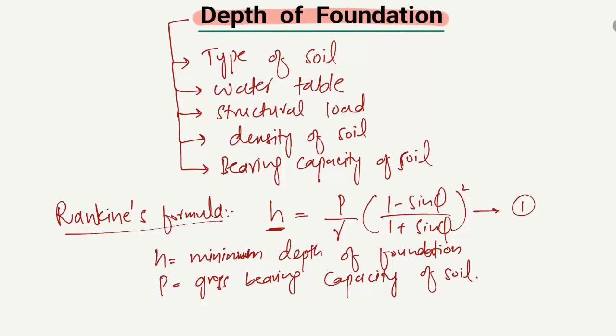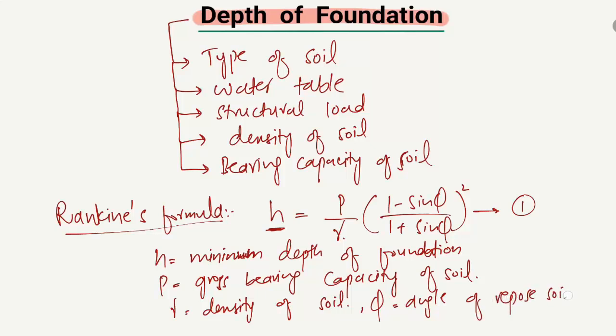Gamma is the density of soil. And the last one is phi. Phi is basically the angle of repose of soil.